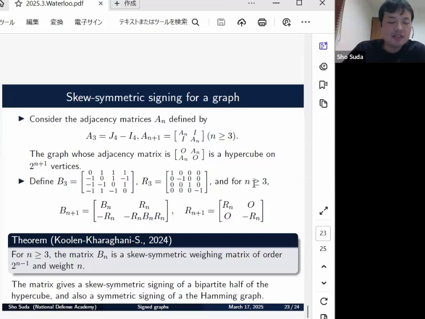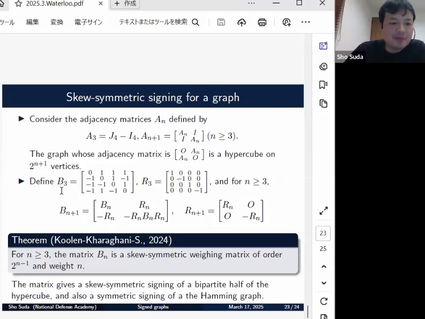So we can consider the signing for graphs of A_n. A sub n is the adjacency matrix of some graph, and now I want to think of the signing of these graphs.